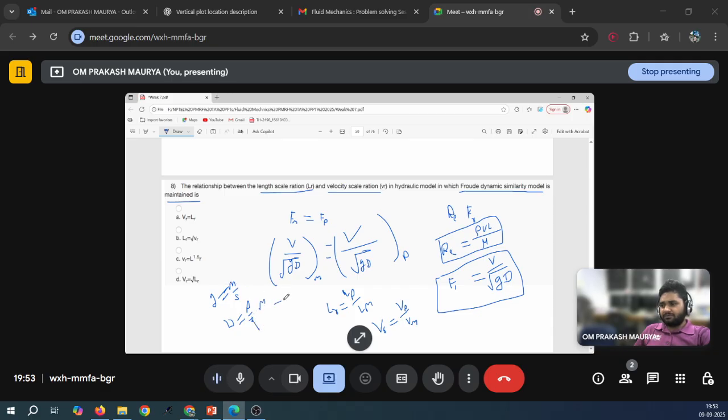So this is under root meter per second square times meter, so that means meter square, so you can cancel out the root.